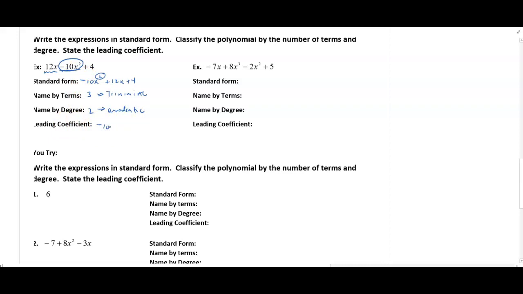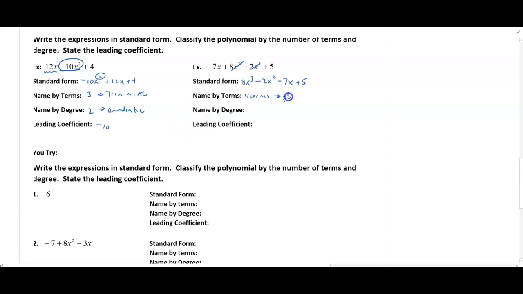Okay. The next one, highest degree is 3, so we're going to write that term first. So 8x to the third, I cross it out because I've used it. Then minus 2x squared, cross it out, minus 7x plus 5. Now, if I name it by the number of terms, there are 4 terms.